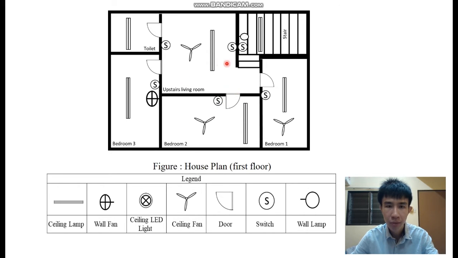The upstairs living room has one ceiling lamp and one ceiling fan, and the switch is here. In the toilet, we have one ceiling lamp, and the switch is outside. In the third bedroom, we have one ceiling lamp and one wall fan, and the switch is here.